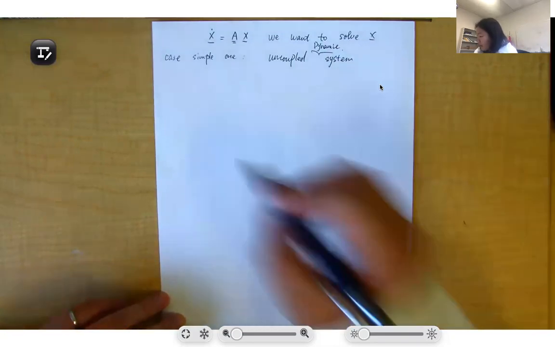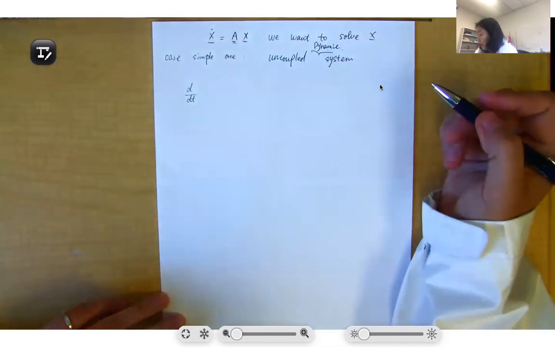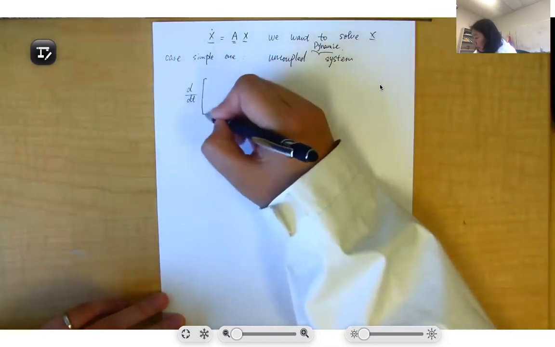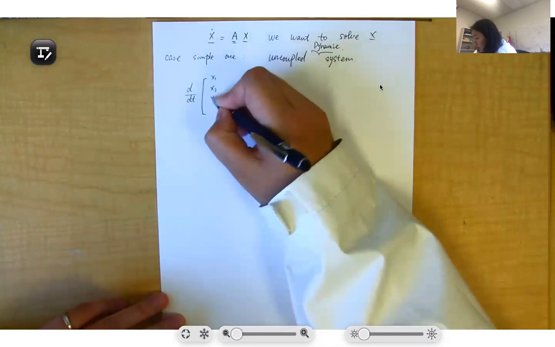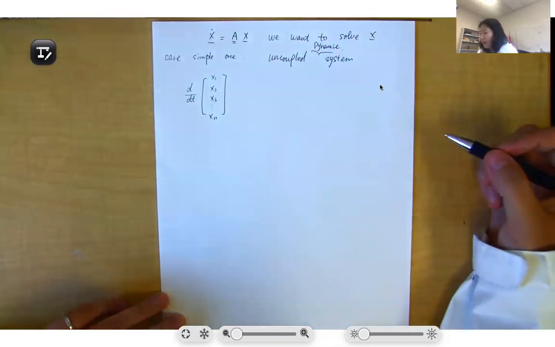You have d over dt, the derivative as a function of time, of x1, x2, x3, to xn. So this is your system.